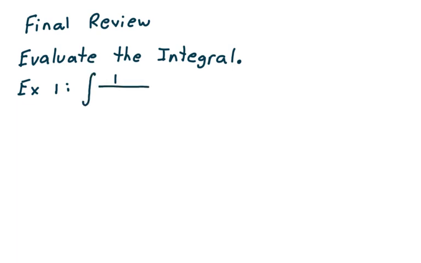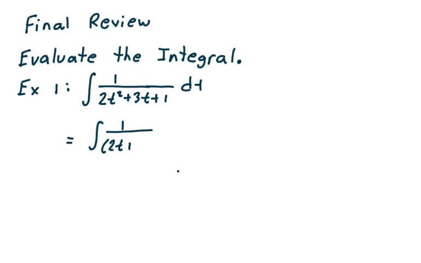Suppose I have the integral of 1 over 2t squared plus 3t plus 1 dt. This is a classic partial fraction decomposition problem. So I could write this as 1 over 2t plus 1 times t plus 1 dt.